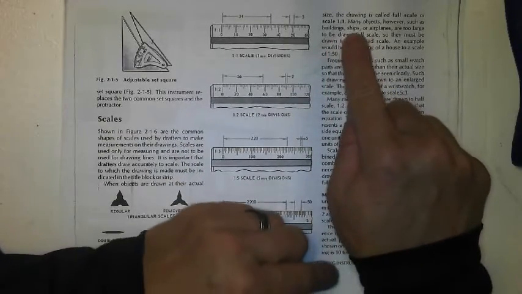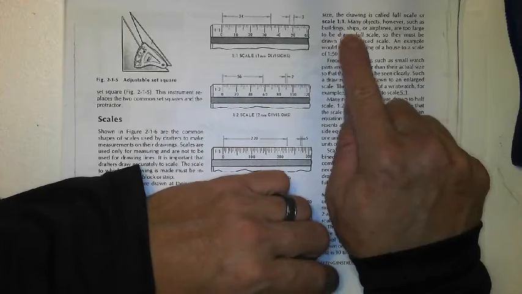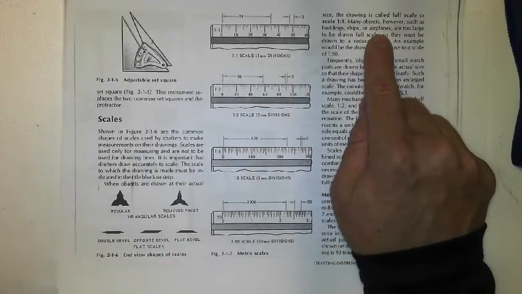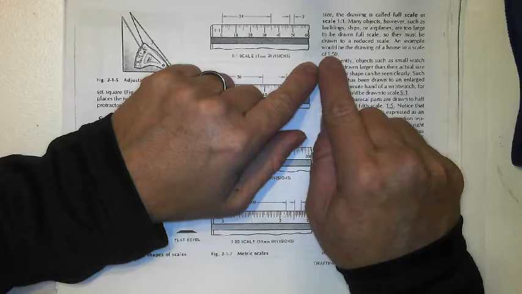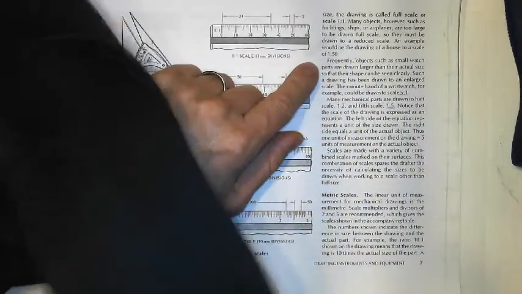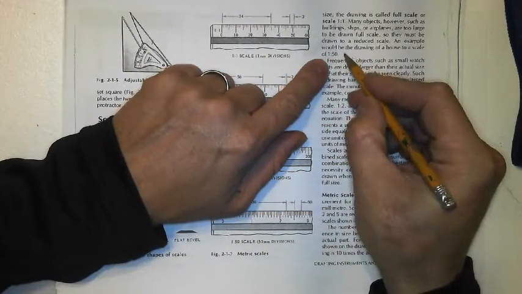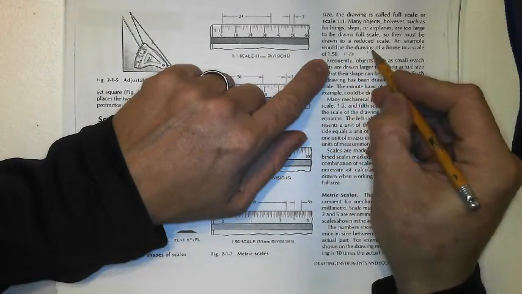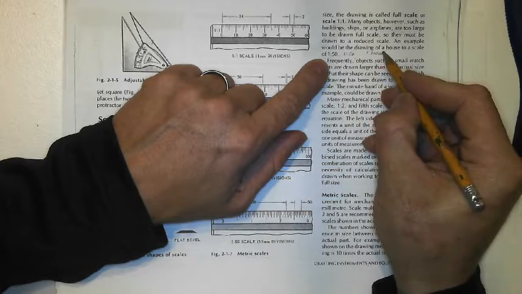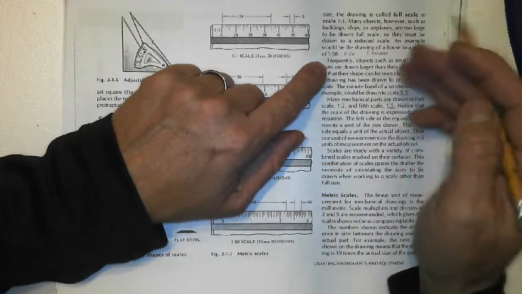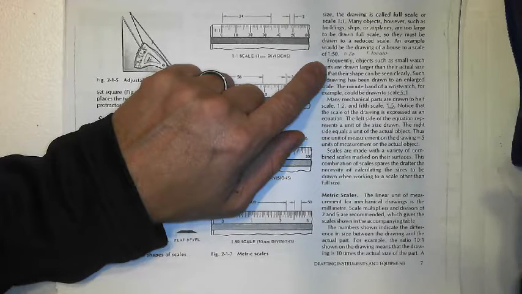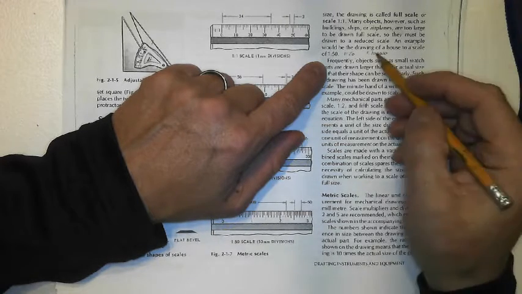Then you'll get into things like when you're trying to draw ships or buildings or airplanes, and you'll get into scales like 1 to 50. So anytime the number 1 comes first, 1 to 50, 1 to 20, 1 to 1,000,000, that means that you are reducing the size from a real life object, like maybe a landmass such as Canada, and reducing it to fit onto a piece of paper.